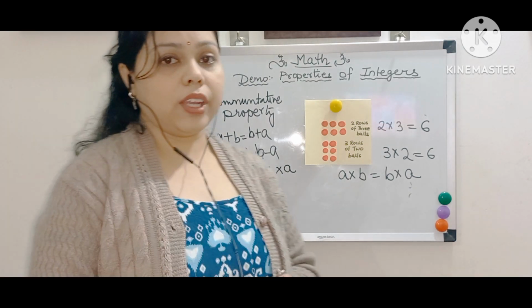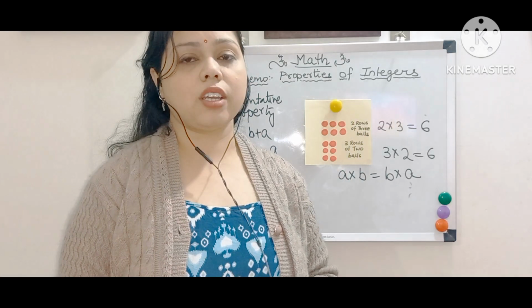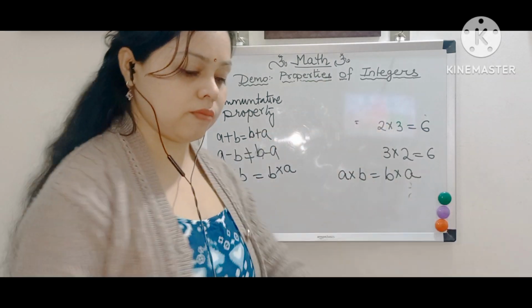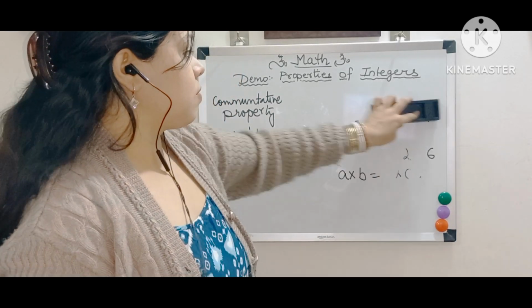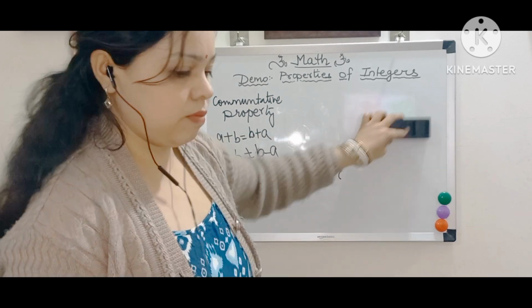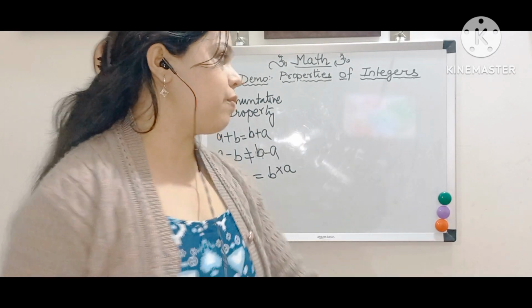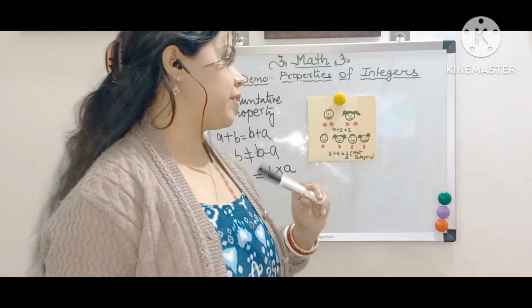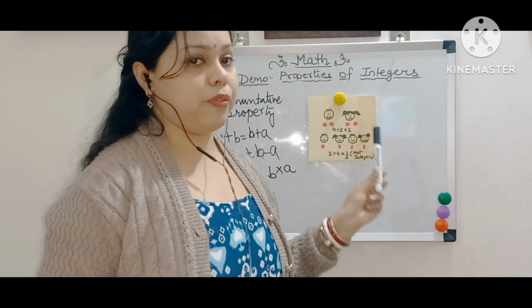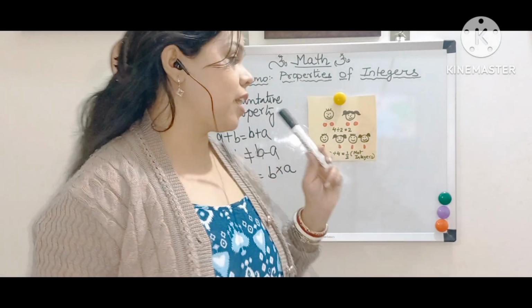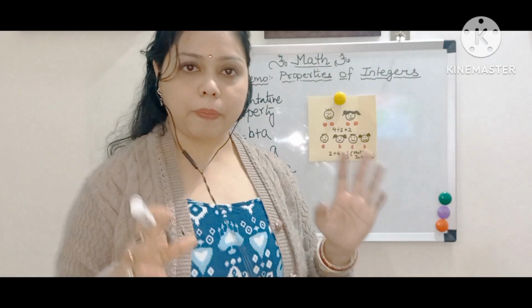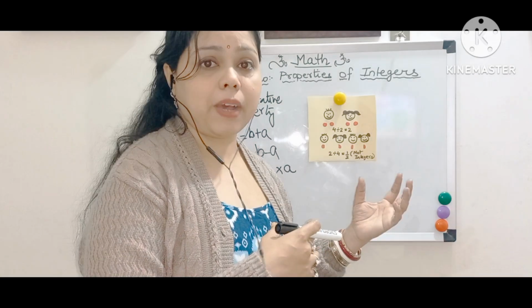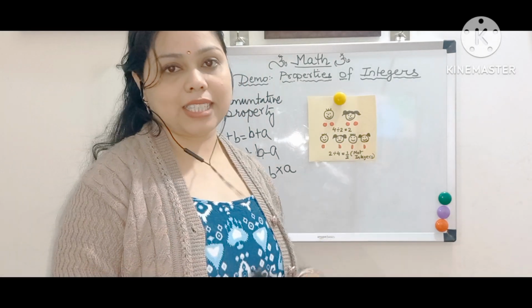Okay, now we are going to understand whether this condition will be fulfilled under division or not. Let's check. So I have one example. This is Ram and this is Sita, and both have two chapatis. So there are a total of 4 chapatis and it is easy to divide them between Ram and Sita.